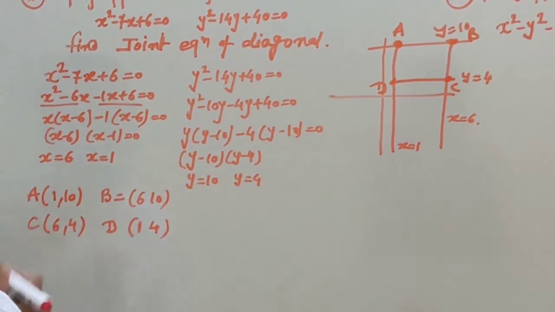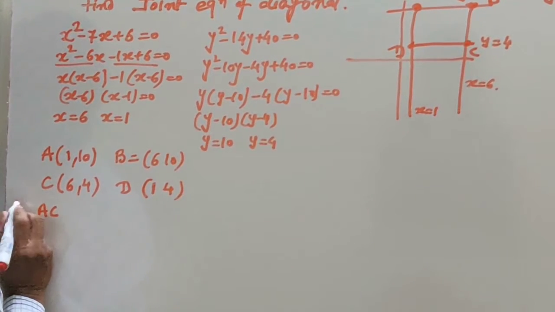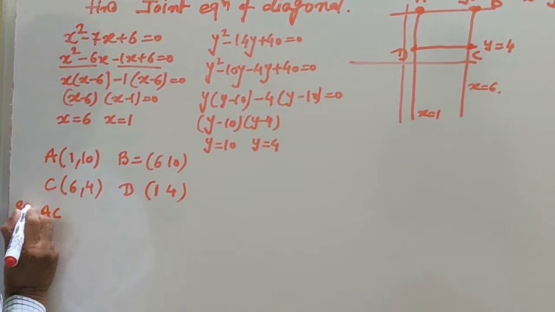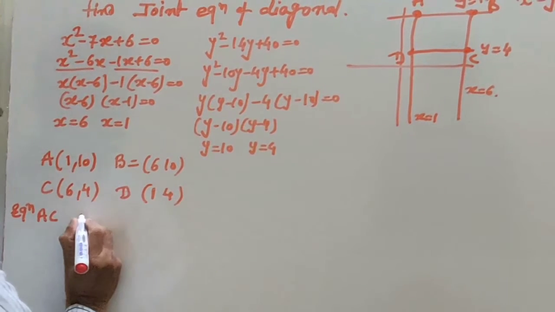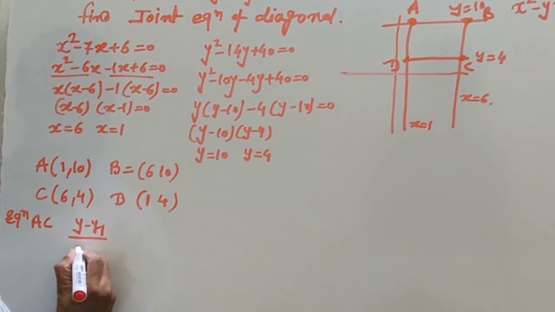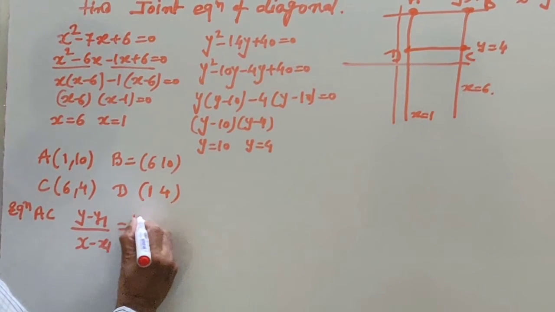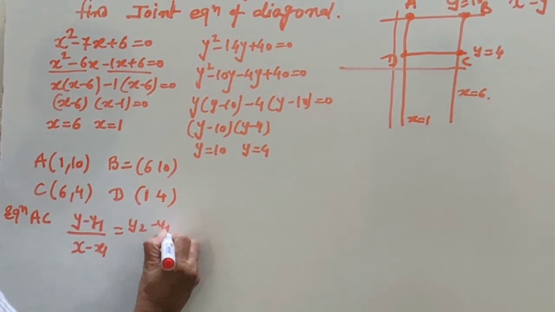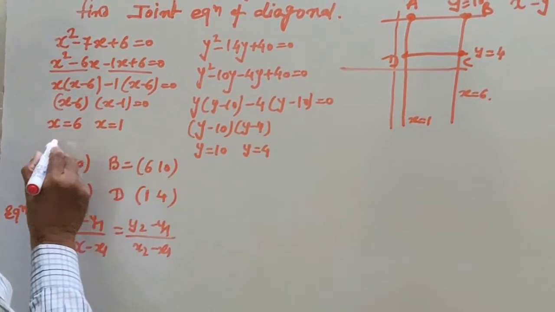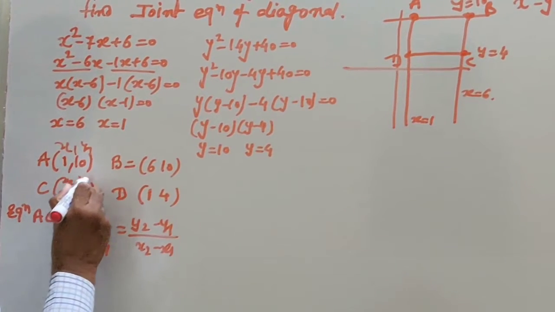Now I can find the equation of AC by the two-point form. Equation of AC: y minus y1 upon x minus x1 is equal to y2 minus y1 upon x2 minus x1. Now I can substitute x1, y1, and this is x2, y2.